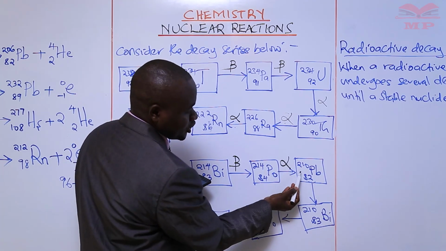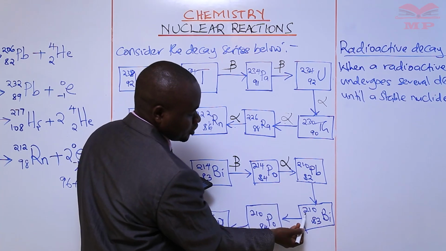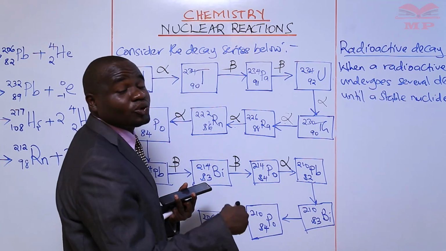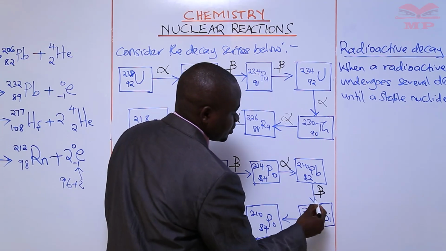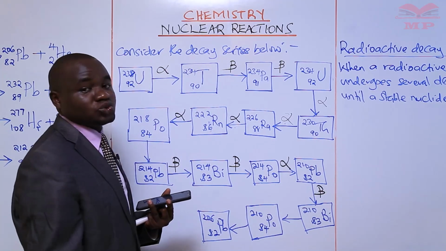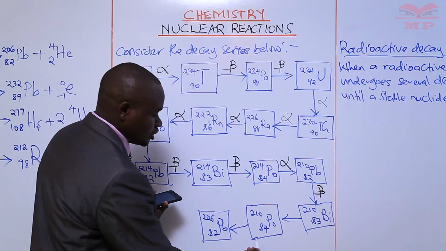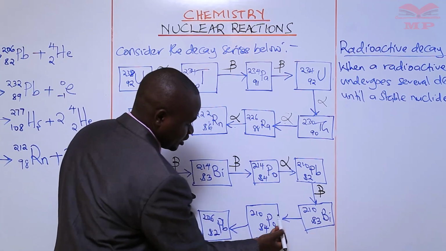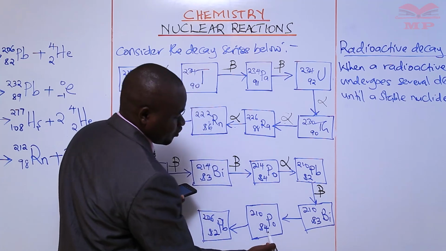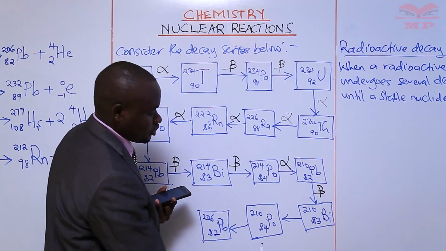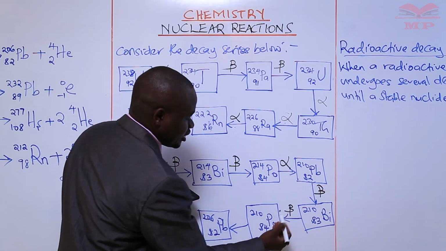How about this one? Mass number 210, 210. It has not changed. So automatically that should tell you that that is a beta particle. Remember I said beta particle, the mass number does not change. How about this one? Mass number 210, 210, atomic number 82 to 83. That means there is emission once again of a beta particle.